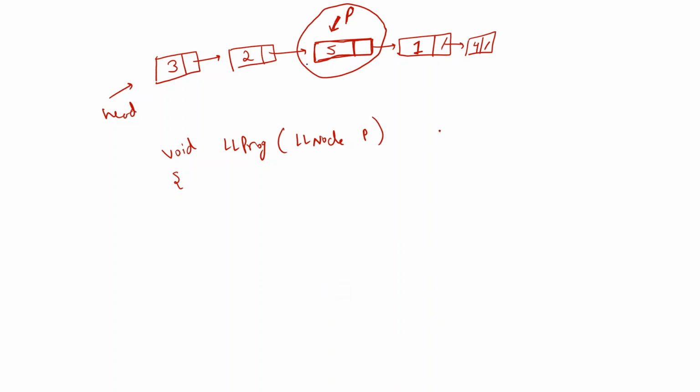One way to delete this particular node is breaking the link from here and joining a link over here. So assuming you have q over here, you will do something like this: q dot next is equal to p dot next.